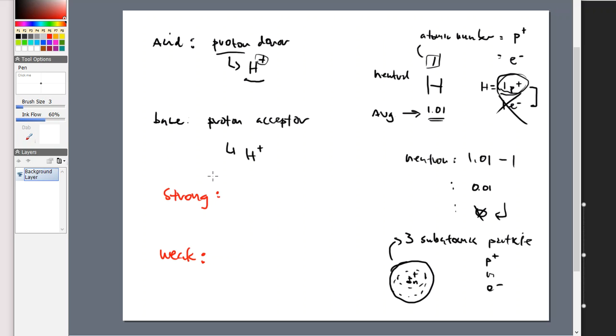And you are one or the other. And the reason that I say that is because strong acids, let's talk about them first. Strong acids will donate all of the protons that they can to the solution that they're in.